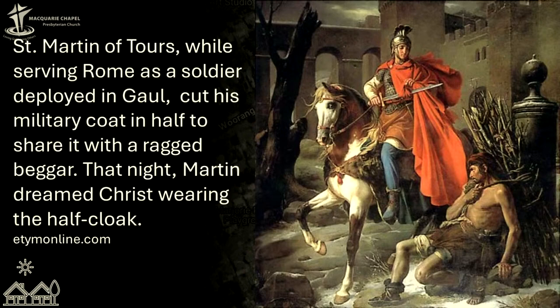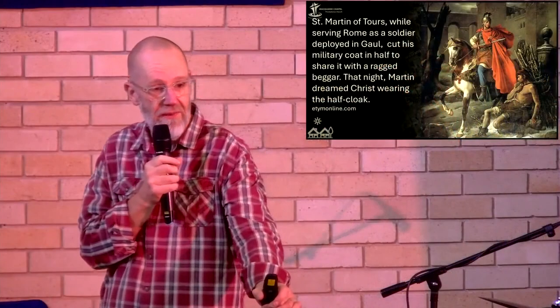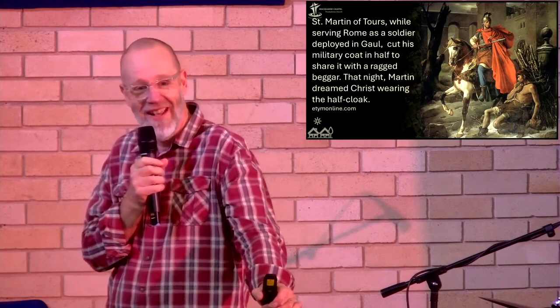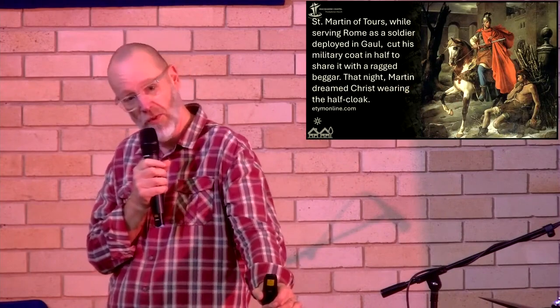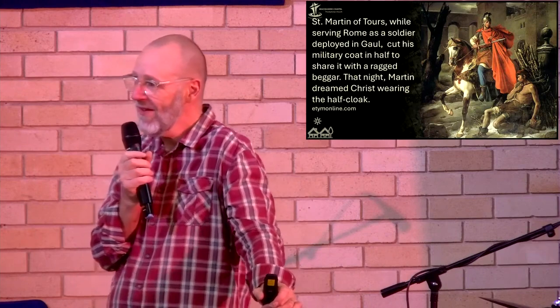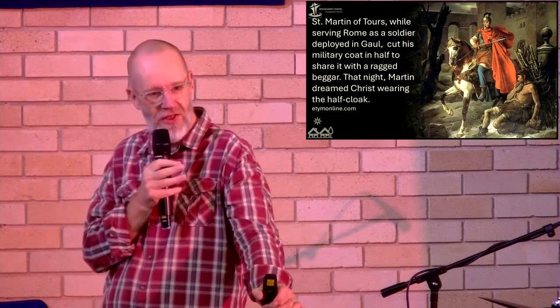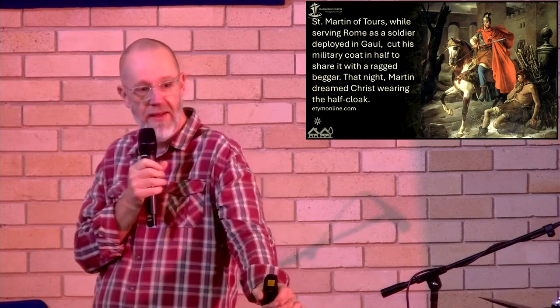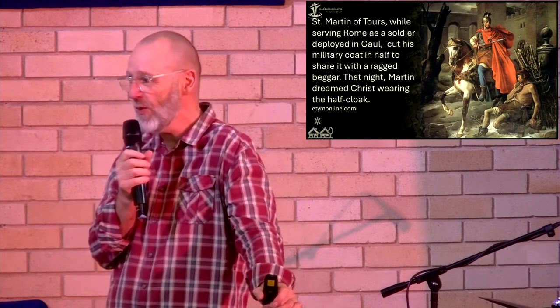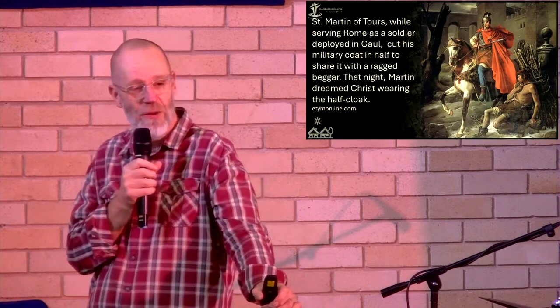That night, Martin dreamed of Christ wearing the half cloak. Actually sort of connects in with our Bible reading in a couple of ways. But that idea that somebody was naked, he had a cloak, and so that he could still have a cloak, but a smaller one, but this naked person, this beggar, could also have a cloak, he cut his cloak in half. That's where that sort of comes from. And then there was a relic, which was supposed to be his half of the cloak, and it was kept as a relic.